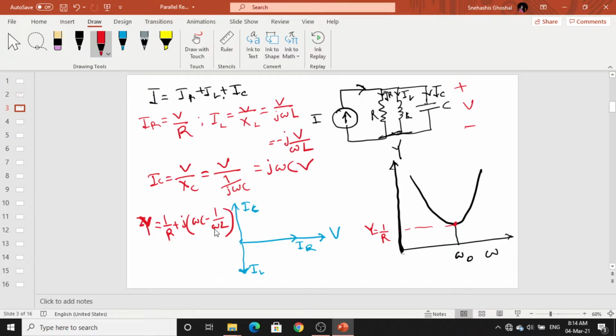Clear? So at low frequency the circuit is having IC more prominent, so it will be a leading PF based circuit.